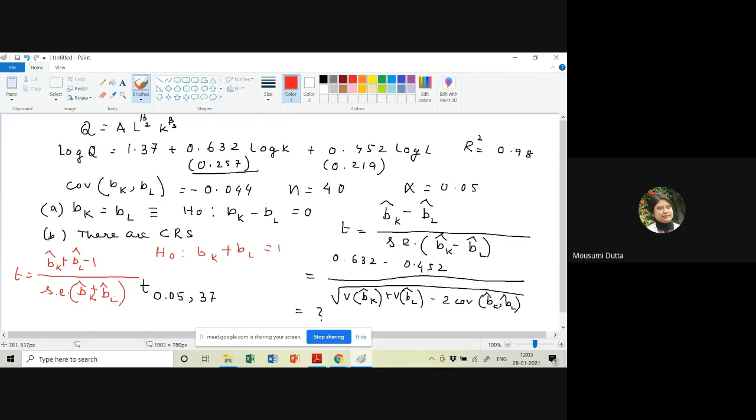Next, we are moving to problem number 5. Problem number 5 is a true-false type question. Indicate whether each of the following statements is true, false, or uncertain, and give a brief explanation or proof.